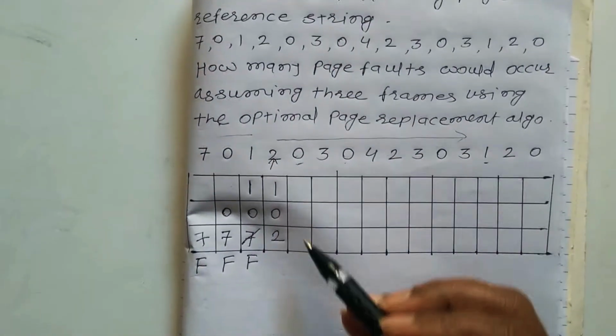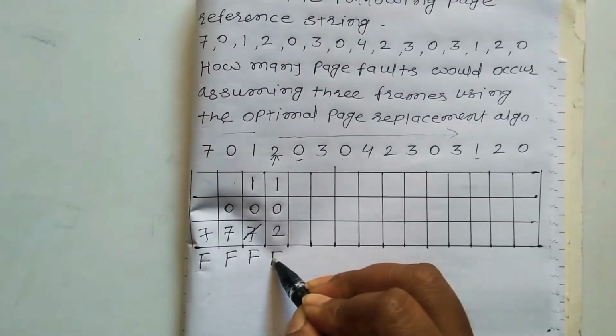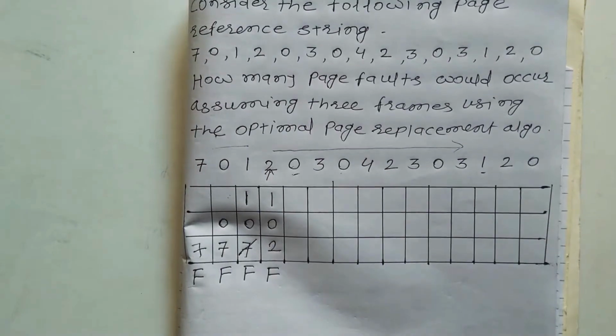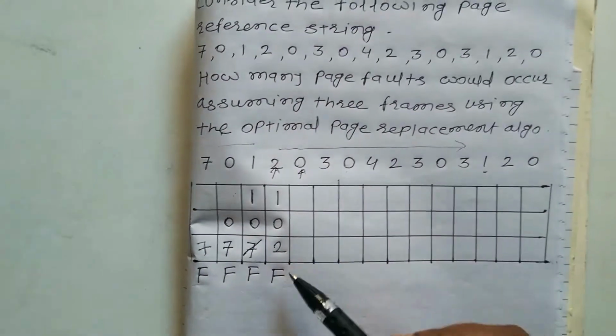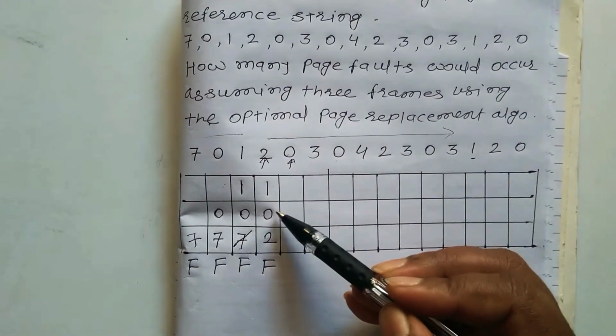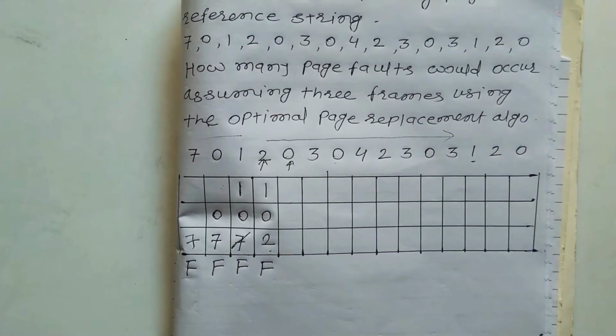Since this 2 was not in the main memory, this is a page fault. Now the next page you want to insert is 0. If you see the previous frames, 0 is already there in the main memory.